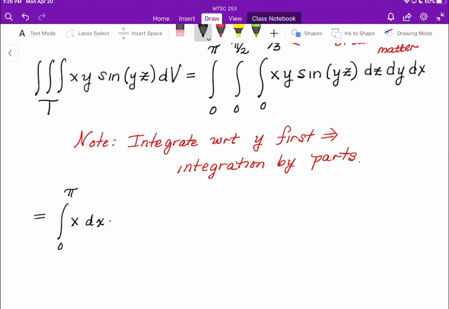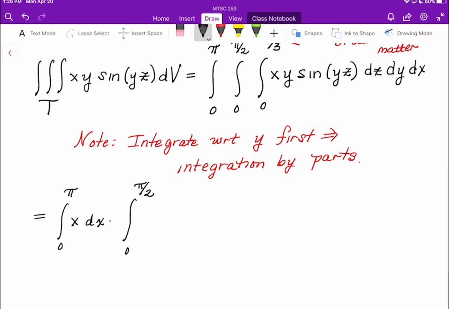So then when I integrate with respect to z first, well, how wonderful is that? The y disappears.